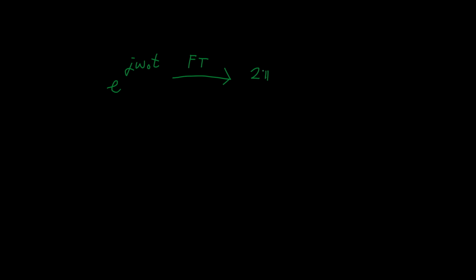We know that the Fourier transform of e to the power of j omega naught t is 2 pi delta omega minus omega naught.